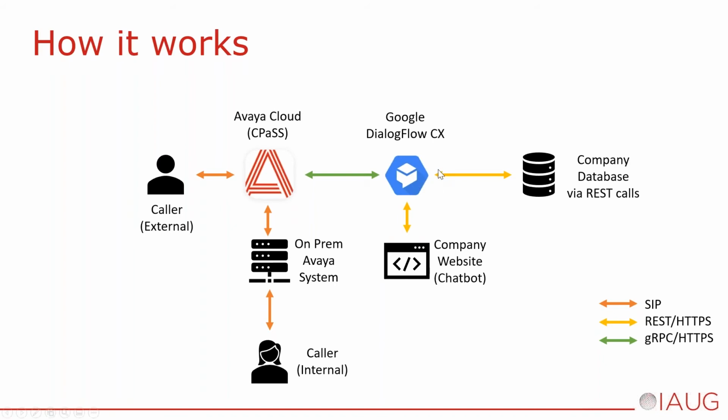Google Dialogflow CX can then talk to, let's say, a company database, like it just did with that appointment system. We could also have a chatbot on our website talk to Dialogflow CX as well. So you can have one system built for not only natural language chatting, but also a voice call like we just showed.